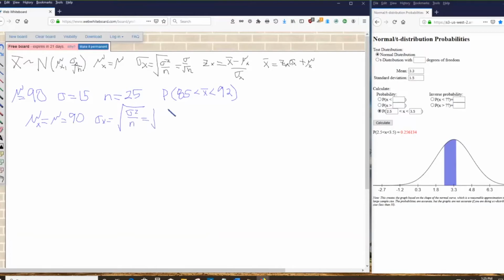So that's going to be the square root of 15 squared divided by 25. And I can rewrite that as 15 divided by the square root of 25. And that's just going to be 15 divided by 5, which is going to give me 3. So 3 is my standard deviation of the mean.